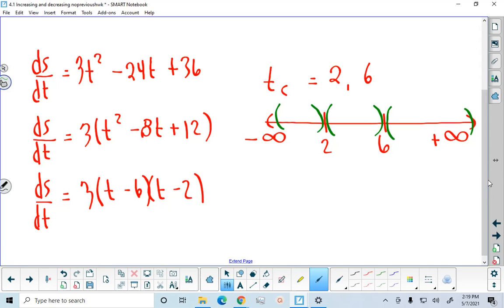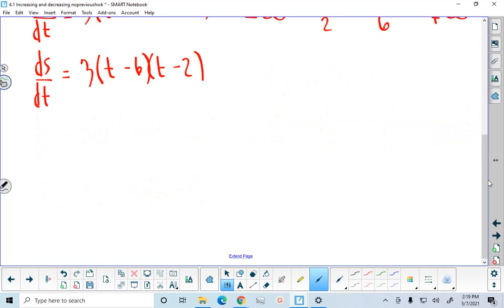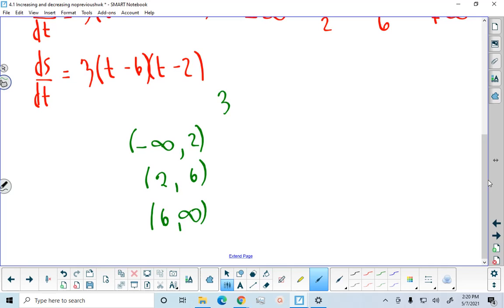Those brackets are just indicating that I've got those 3 intervals. So my intervals are going to be negative infinity to 2, 2 to 6, 6 to infinity, and across the top I put all of my factors, which were 3, t minus 6, and t minus 2.